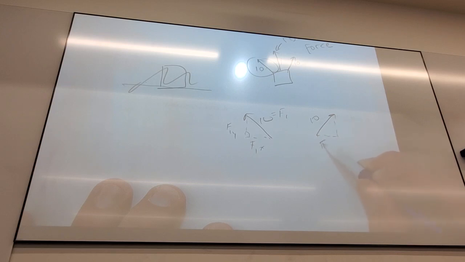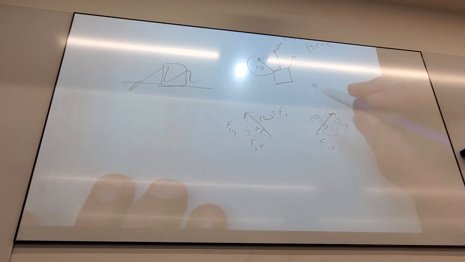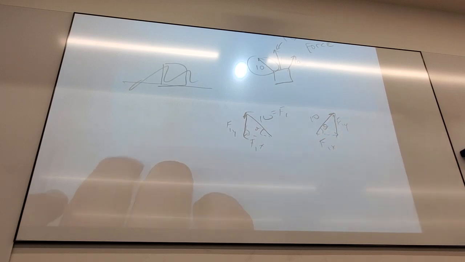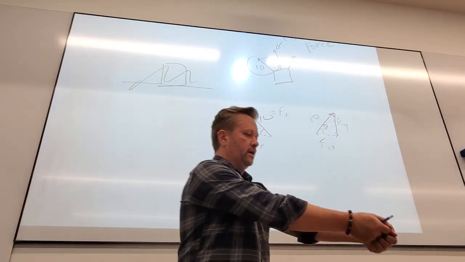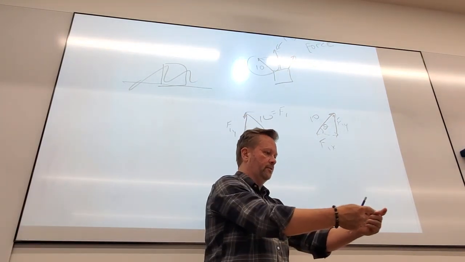What are the x components doing to each other, if we're assuming these angles are the same? They're opposing. They're working against each other, exactly. So if I pull a crate diagonally and nobody else is doing anything, it's going to come right at me.